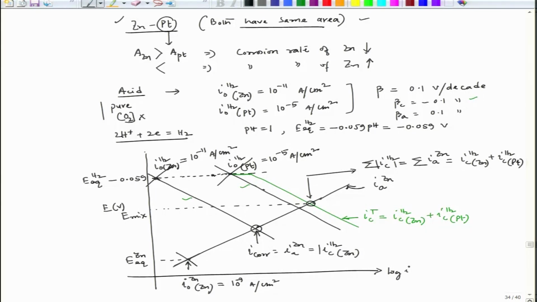Of course, this is the modulus, because that negative sign is nothing but the current IC flowing opposite to IA, and this would have been my E corr, and this is the condition when platinum is not present.